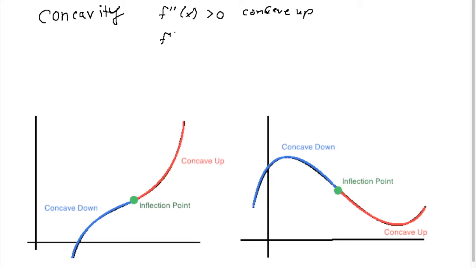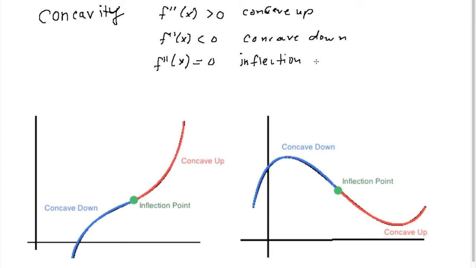If the second derivative is less than 0, we'll say that the graph is concave down in a certain area. If the second derivative is equal to 0, this is an inflection point where the graph is changing from concave up to concave down, or vice versa.